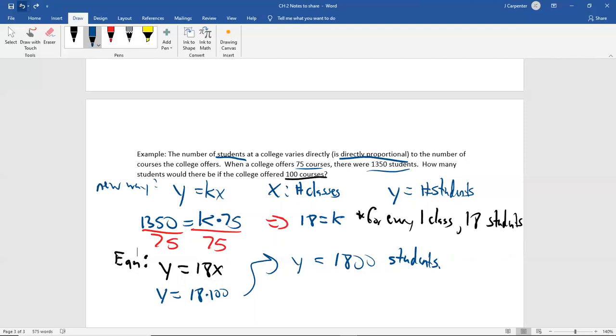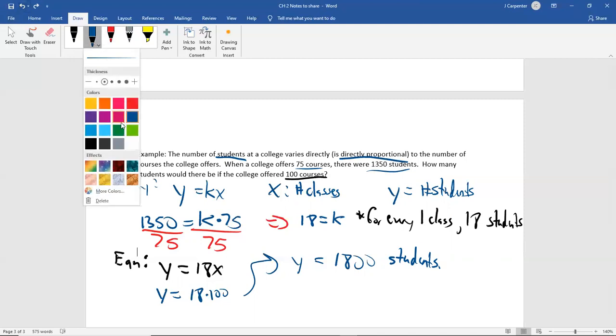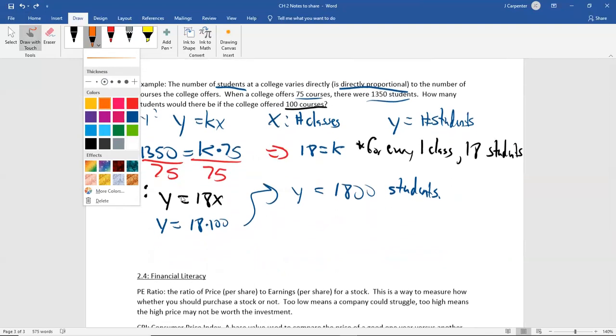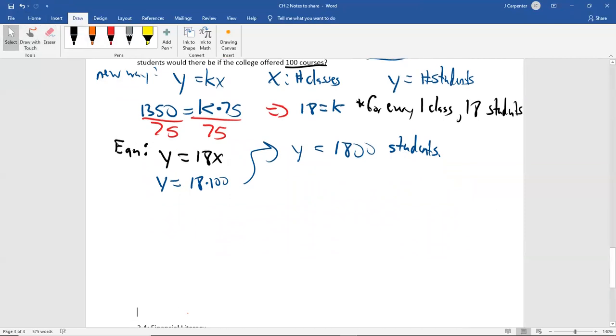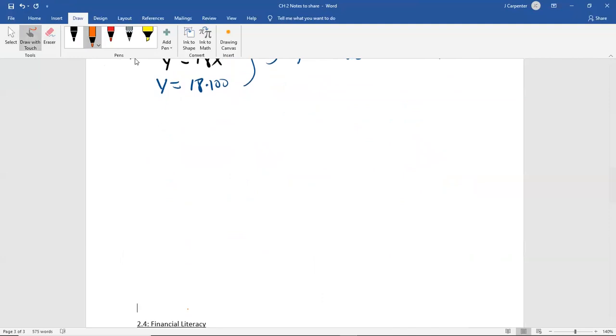Okay, so what about the alternative way? So this was the new way. And what color do we like? Let's go orange. All right, so the old way, and by old I mean from 2.1, it's not that old.